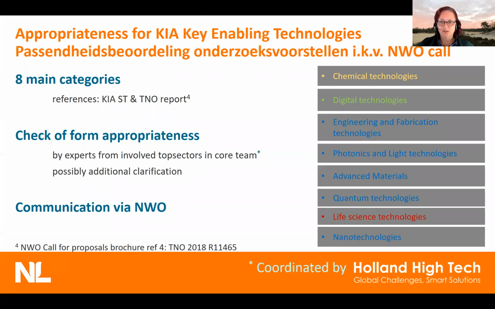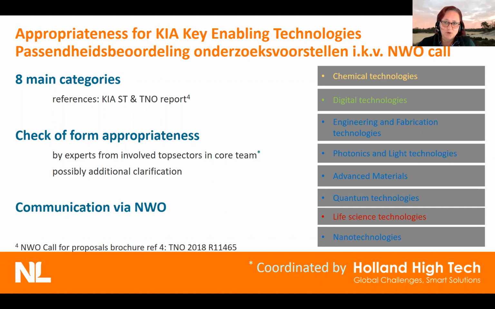You can find in the call for proposals brochure a reference to the TNO report with the number 4. That report is only available in Dutch as far as I know. The title is De potentiële bijdrage van technologie aan maatschappelijke uitdagingen. So this is a report that gives a nice description per main category and lists also the subcategories.